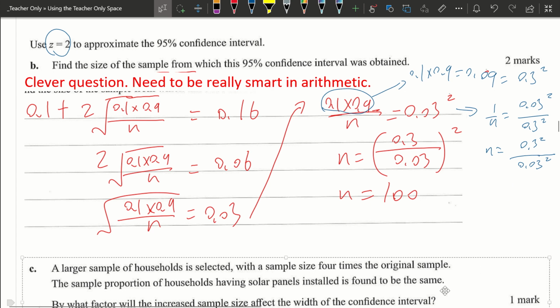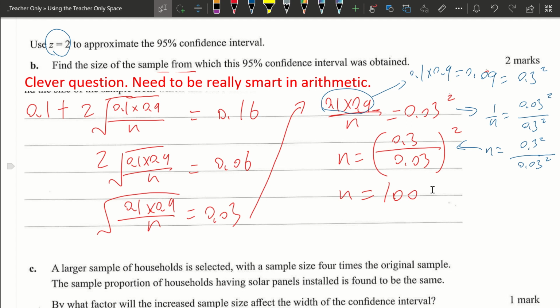And that leads to my next line here. Because you have the numerator squared over denominator squared, it's really the whole fraction squared. Just 0.3 over 0.03, squared. And this is clever, because 0.3 divided by 0.03 can be easily evaluated.